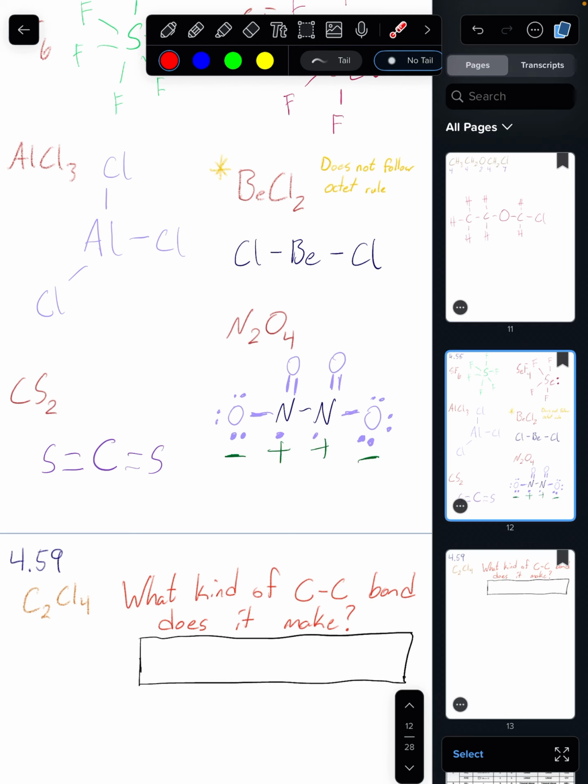So, and in this case, he wants you to show the lone pairs. You don't need them on the nitrogen because they're single ones. And whenever you do a plus or a minus near something, so you don't get confused that that minus is possibly another connection, what you do is you just circle it.